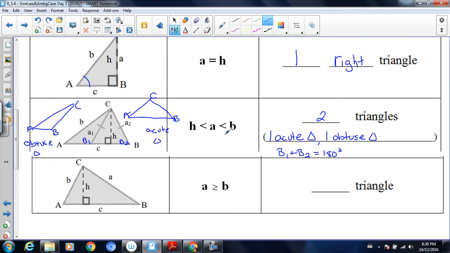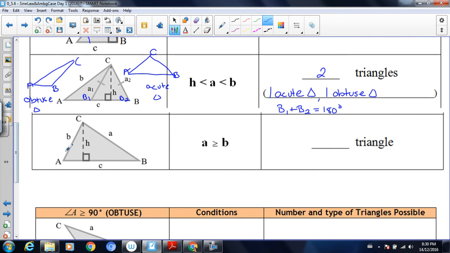So you have two possible triangles when side A is greater than your height but less than side B. Now, when your angle A is acute and side A is greater than or equal to side B, you will have one triangle.